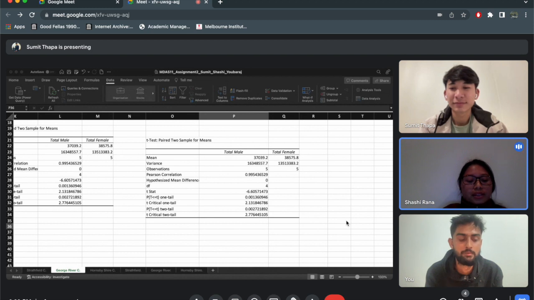The result shows the calculated p-value is greater than the critical value. That's why this analysis rejects the null hypothesis and accepts the alternative hypothesis. This means the populations of male and female are not equal.